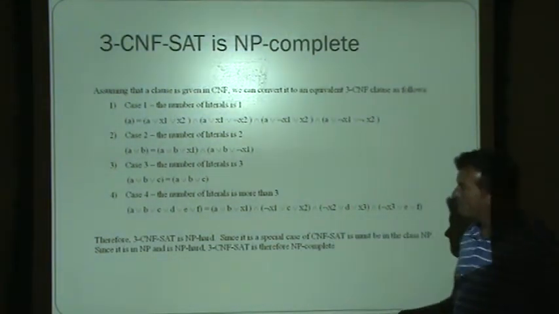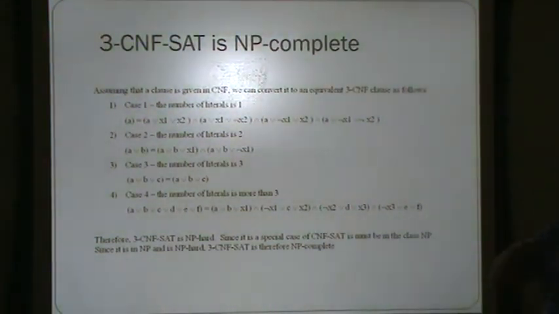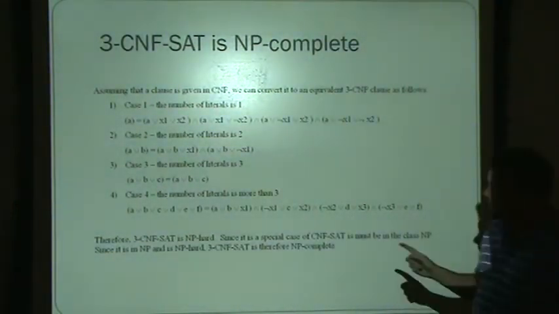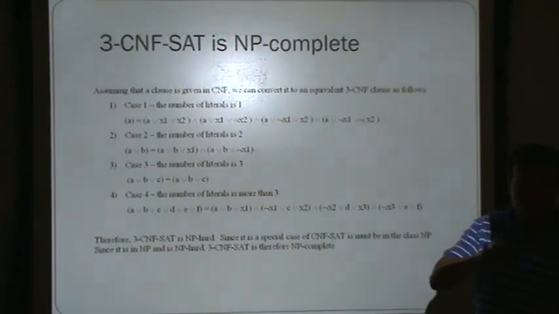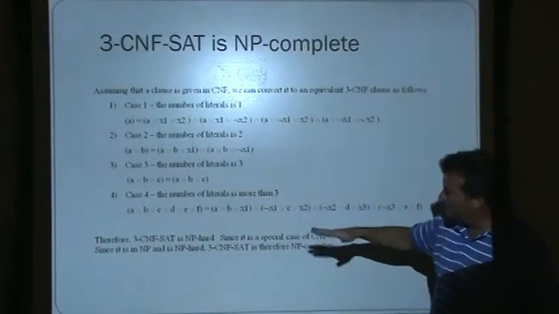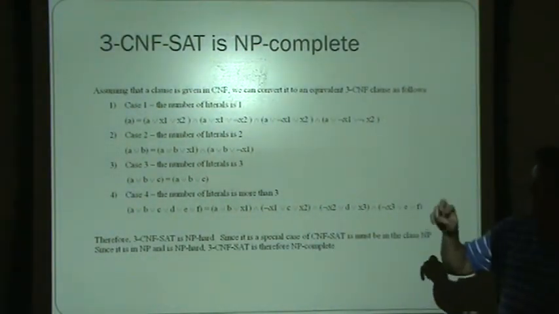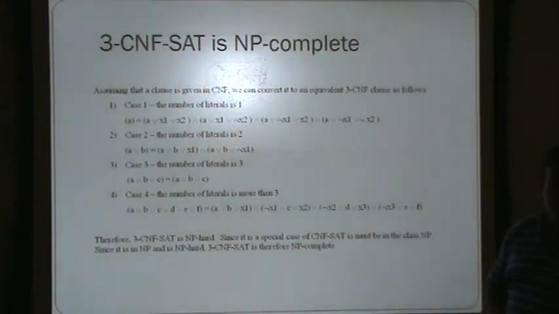So basically, the original problem, the circuit satisfiability one, that seemed like a hard one. This one, we thought we may have restricted it down to the point where it became easier, but the truth is, we could take any input of the original problem, run it through these steps, and now we have the new 3 conjunctive normal form SAT problem.